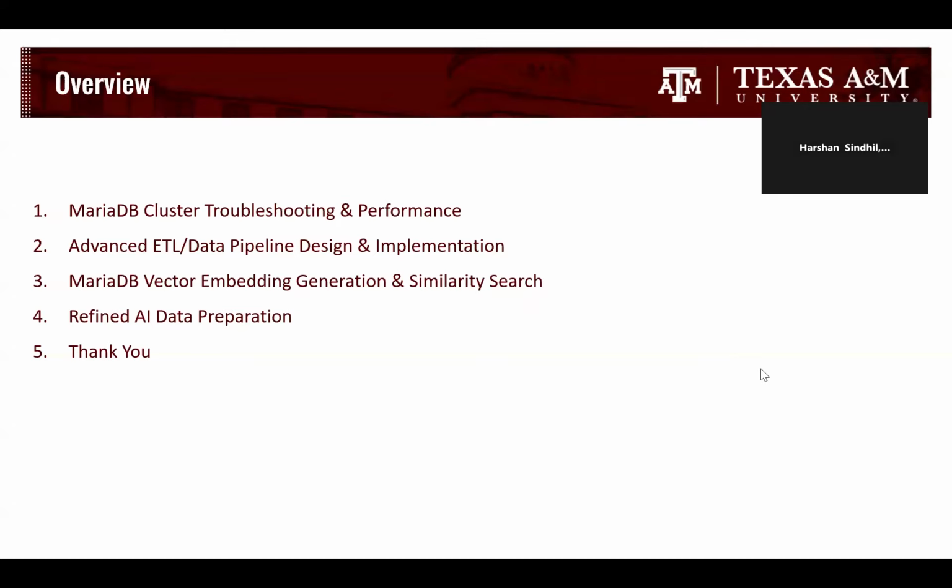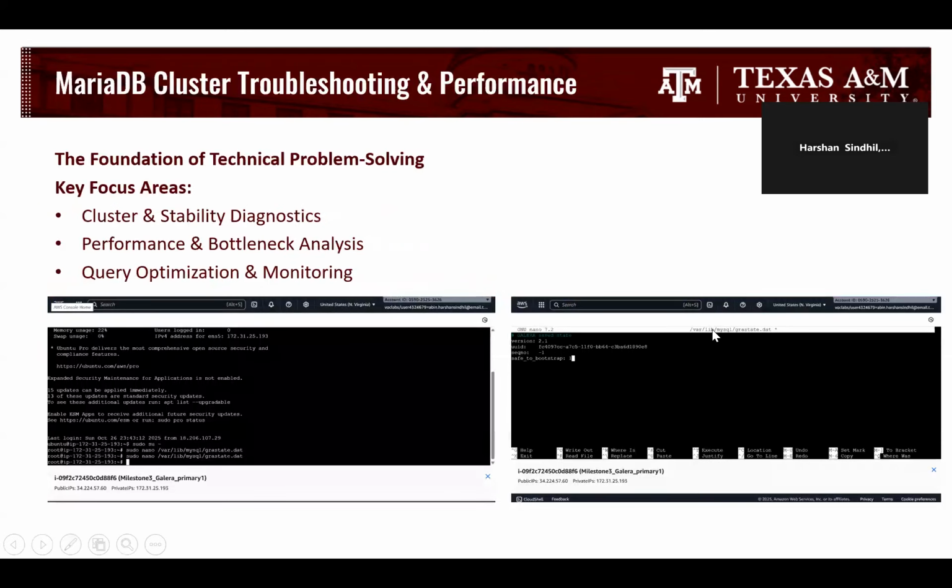Moving to the next slide, MariaDB cluster troubleshooting and performance. Let's begin with the cluster troubleshooting and performance tuning. MariaDB cluster, based on the Galera replication framework, offers high availability but can be prone to issues like certification conflicts and split brain conditions.